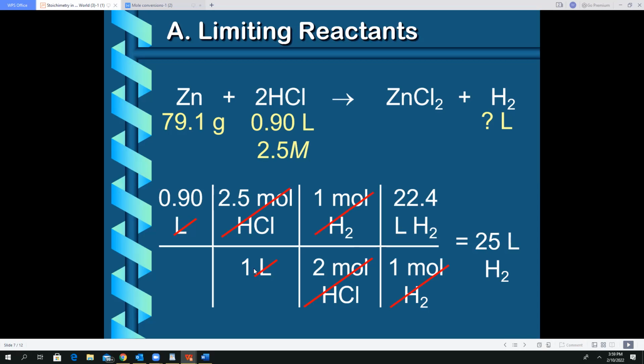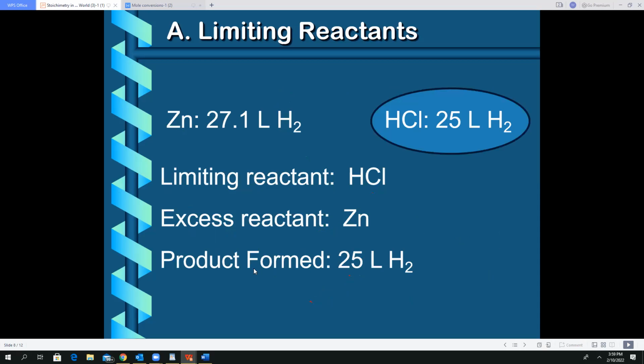Because the other one gave you more. All right, so this is where we say the limiting reactant is hydrochloric acid or HCl. The excess is the zinc. The product that we form is 25 liters of hydrogen.